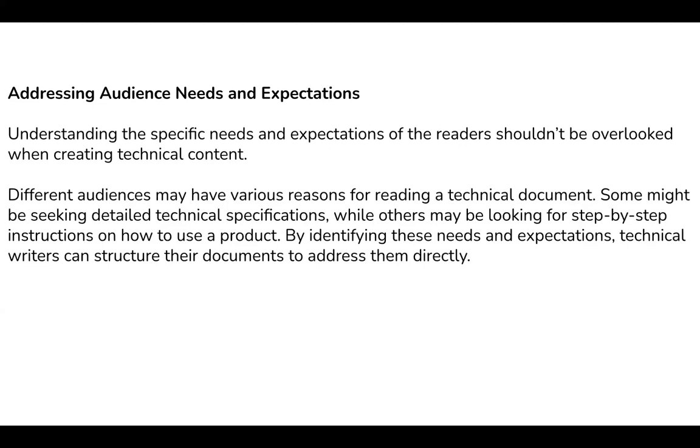Some might be seeking detailed technical specifications, while others may be looking for step-by-step instructions on how to use a product, on how to build a particular thing using the product, and so on. Right. So by identifying the needs and expectations of the audience, you as a technical writer can structure your documents to address those needs and expectations directly.